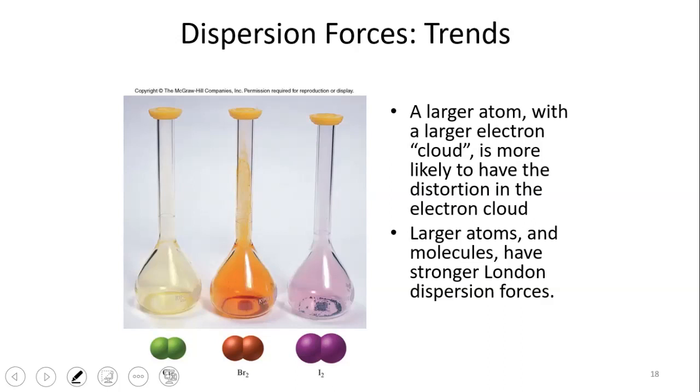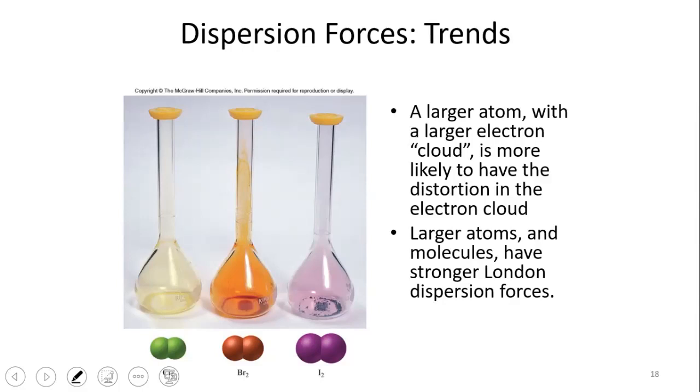Remember that we said that the physical state of a substance is an indicator of the strength of its molecular forces. So iodine being a solid must have stronger intermolecular forces than bromine, which in turn must have stronger intermolecular forces than chlorine. But remember, the only forces available to these three molecules are London dispersion forces, which simply have to do with the distortions in the electron clouds.